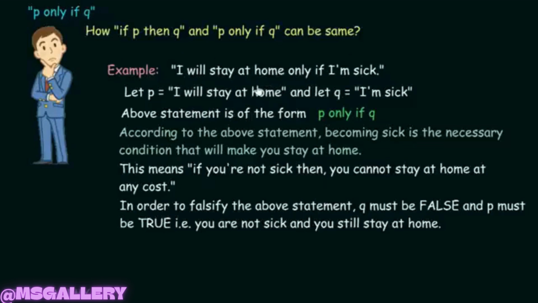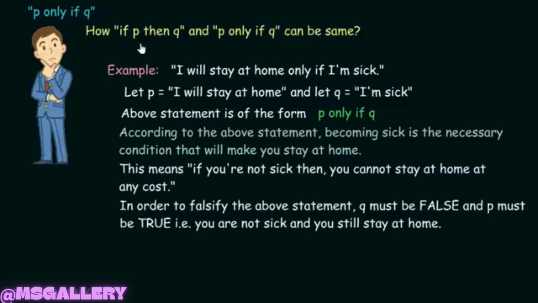You already said that I will stay at home only if I am sick. Now, if you say that I am not sick, but I am still staying at home, then this compound proposition becomes false. That is why, in order to make this compound proposition false, we have to make Q false and P true.